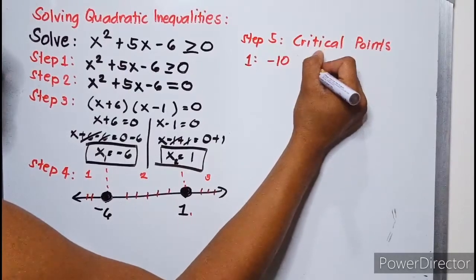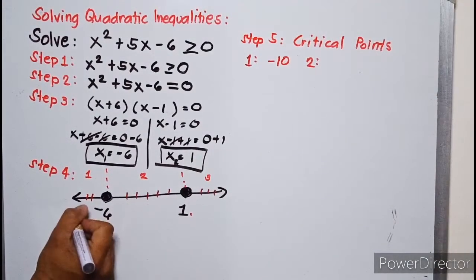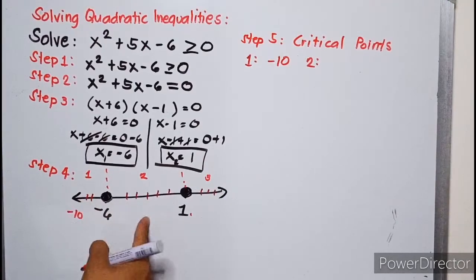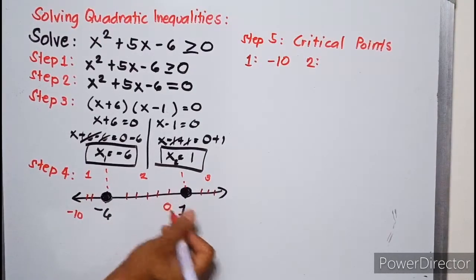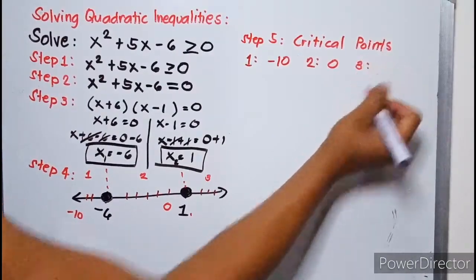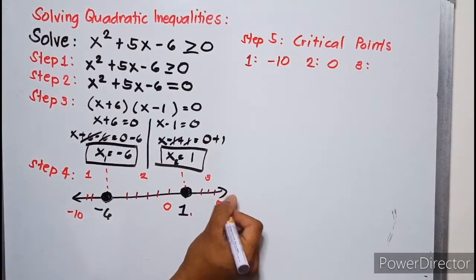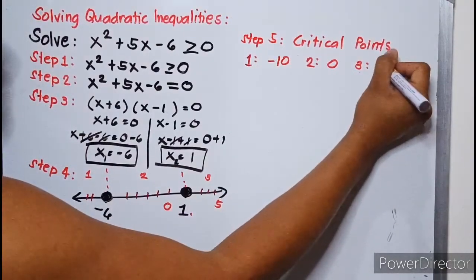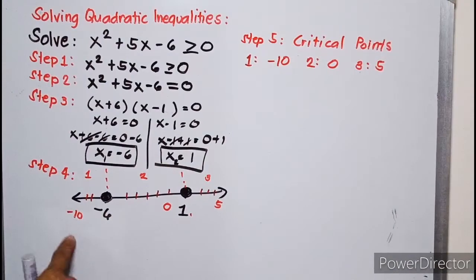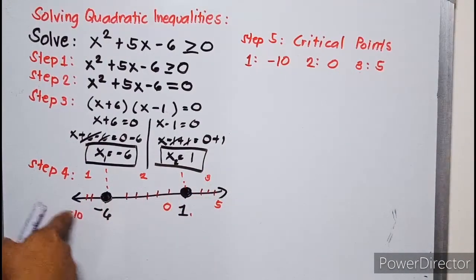Then, how about sa part 2? Sa part 2, pwede natin kuhanin 0. Then, sa part 3, kuhanin natin ang halimbawa ay 5. Sa pagkuha ng critical points, kahit aling numbers sa pagitan nitong mga interval na to.